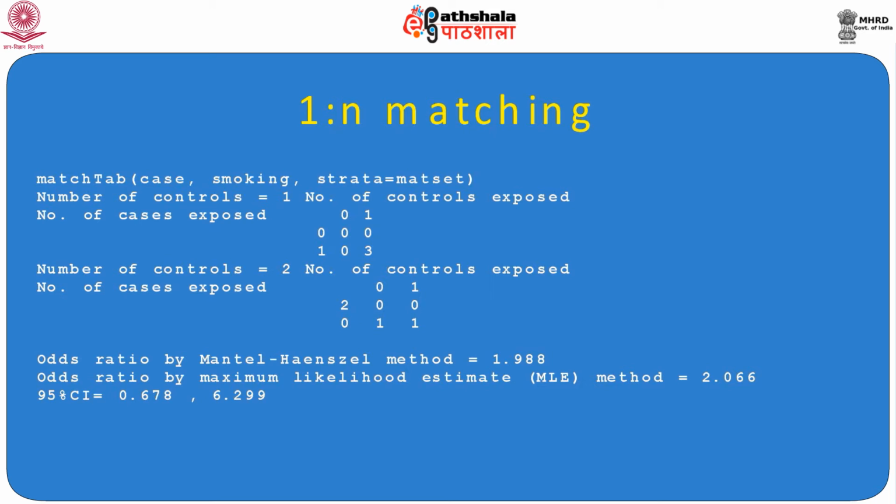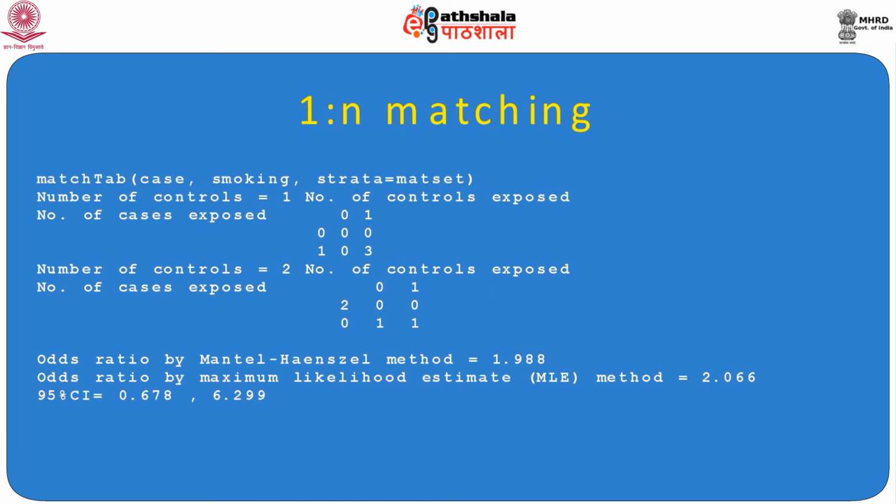So this is the way we can go for 1:n matching. In case of a rare disease, it is to be noted that we can go up to n as 6, and there is not much reason to go for more than n equals 6, but 1:1, 1:2, 1:3, 1:4, 1:5 and 1:6 can be considered as case to control ratios. For a non-rare disease, 1:1, that is cases versus controls, can be considered.